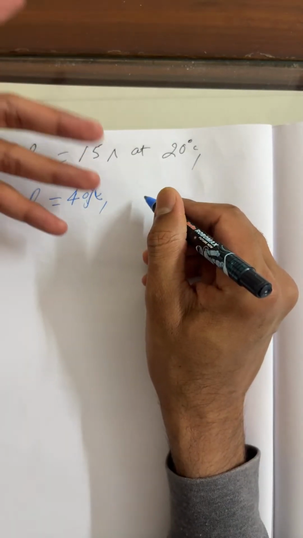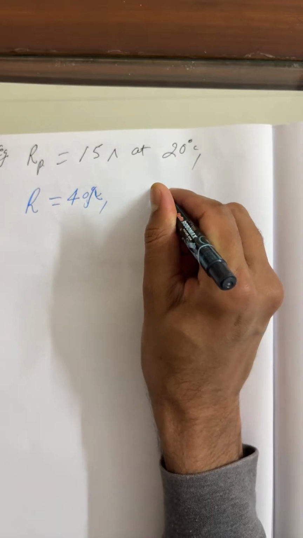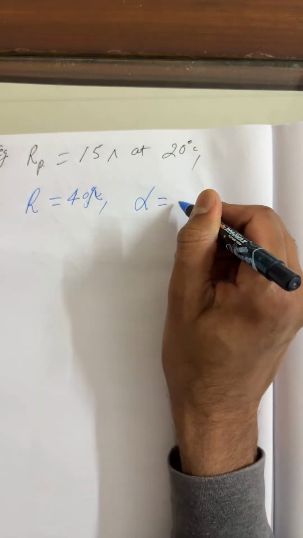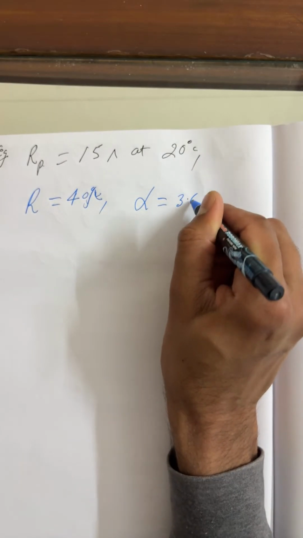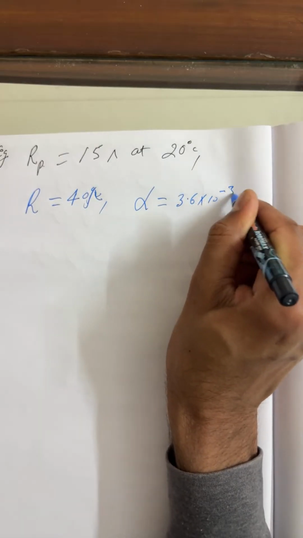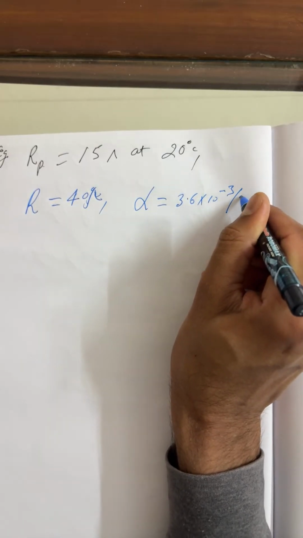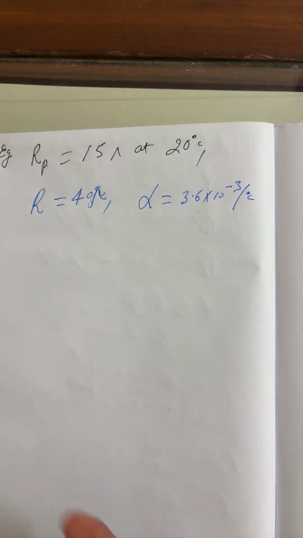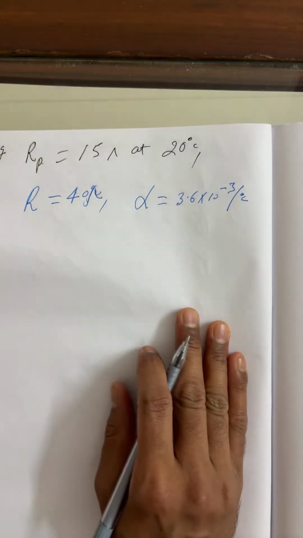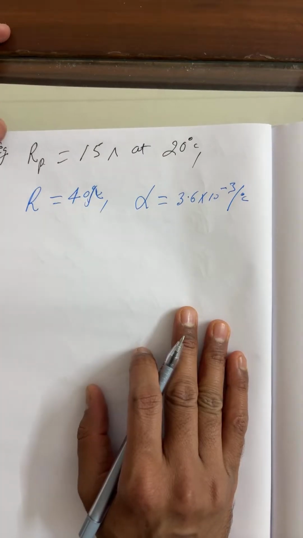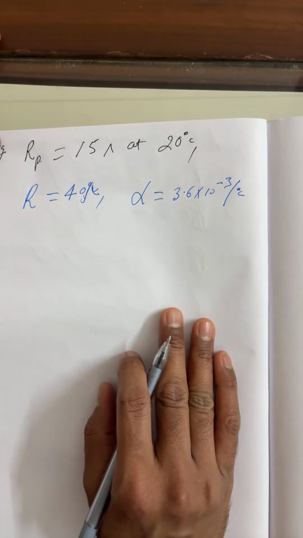We have to find the temperature here. Today I give a straightforward formula only. Take alpha as 3.6 times 10 to the power minus 3 per degree Celsius. You can simply apply the formula.